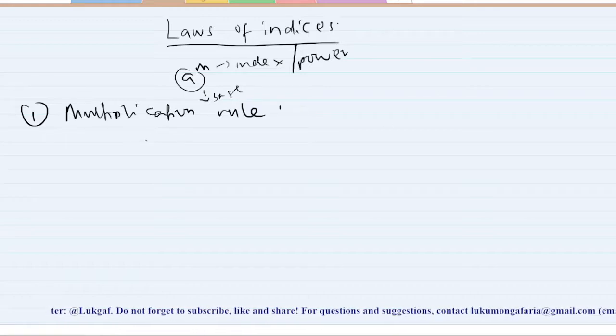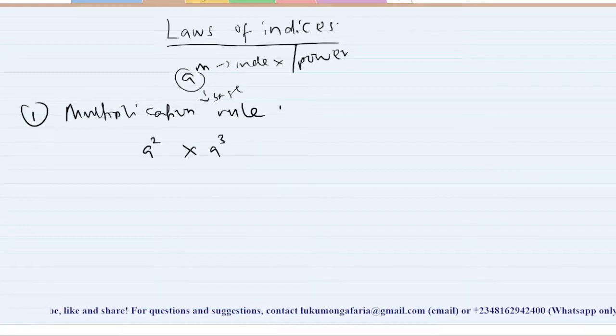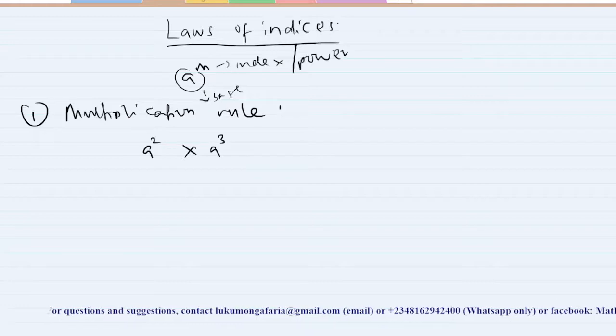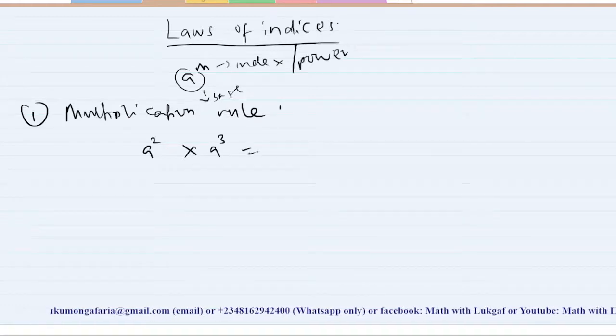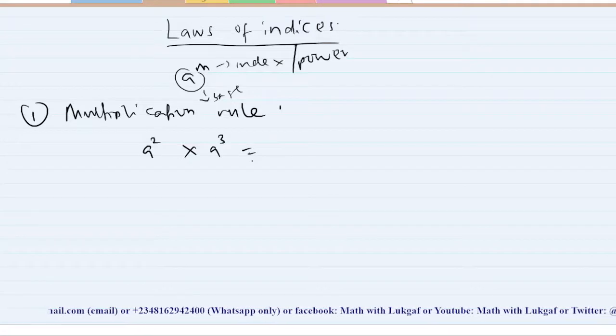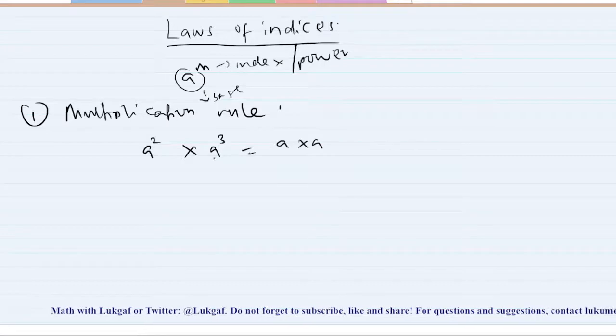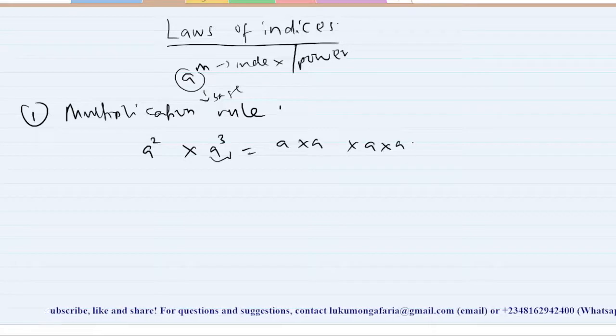Take for example, if I have a raised power 2 multiplied by a raised power 3. According to what I explained in the previous video, when you have a squared, that is a raised power 2, you multiply a by itself how many times? 2 times. So I'm going to have a times a. Likewise, a raised power 3 means a multiplied by itself 3 times, a times a times a.